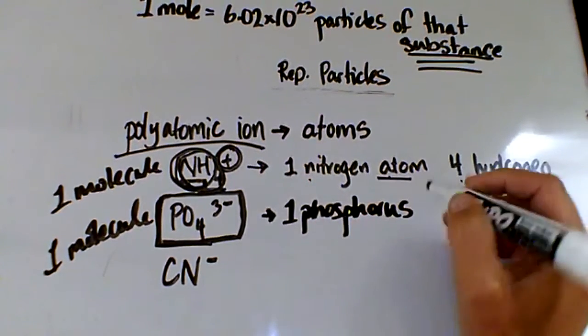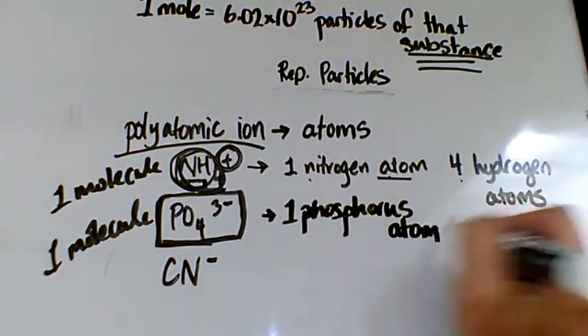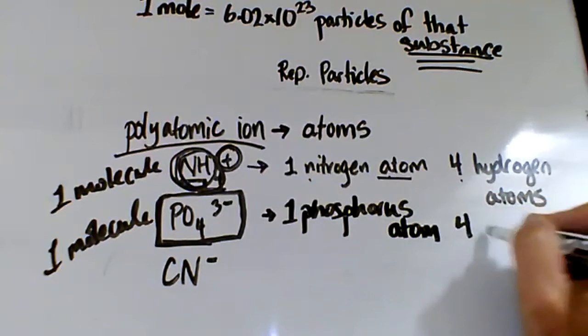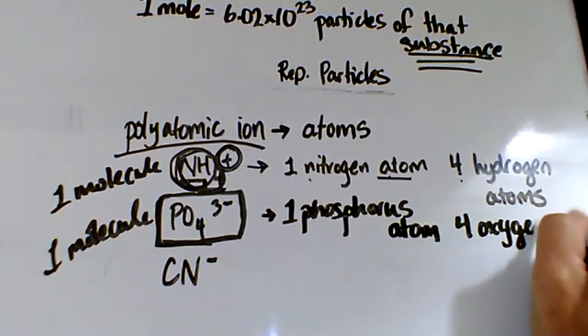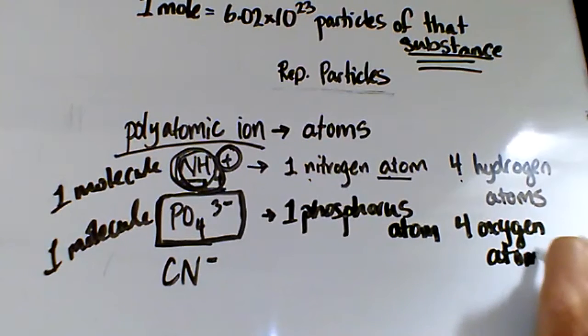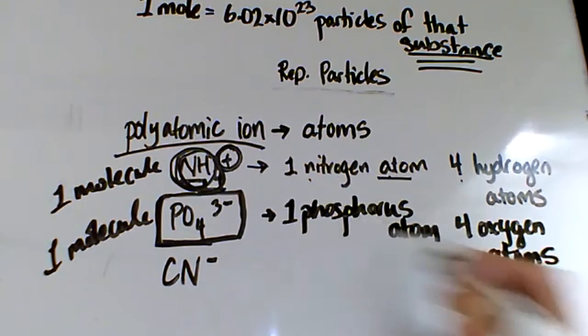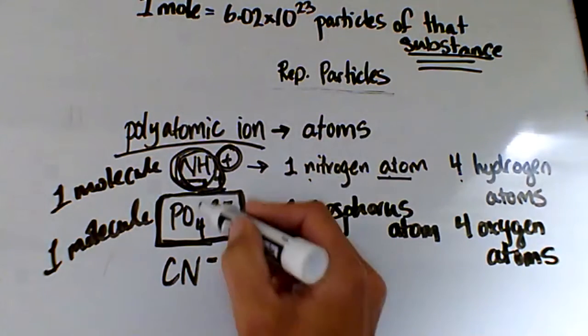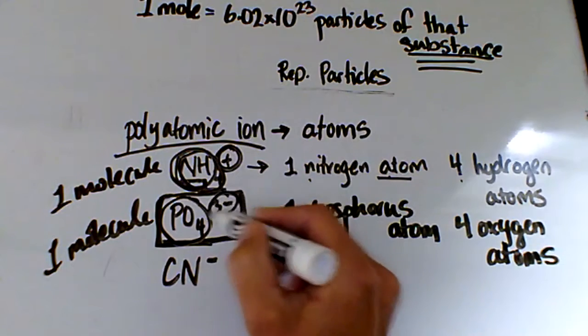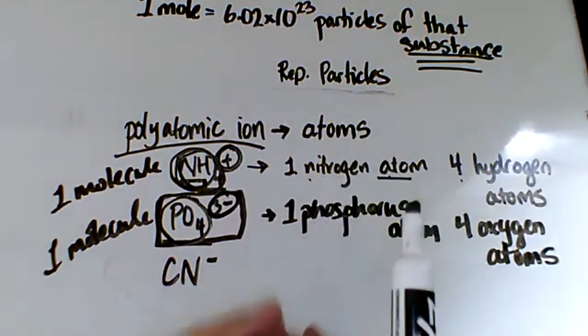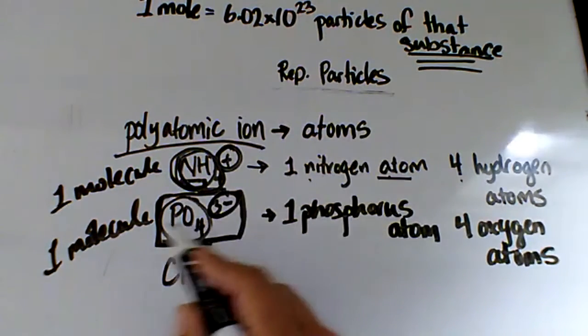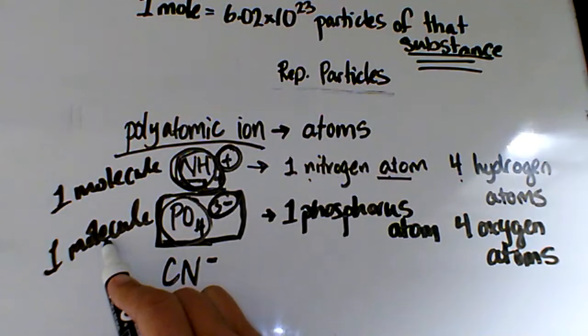Nope, that's so wrong. 1 phosphorus atom bonded to 4 oxygen atoms, and that would be a covalent bond because these are nonmetals. And they themselves have gained 3 electrons, but they are a unit. That unit would be called a molecule.